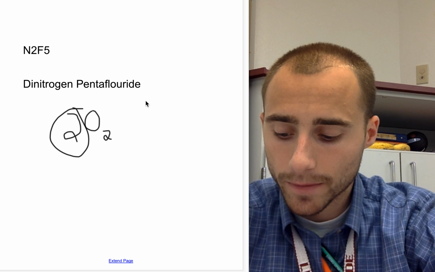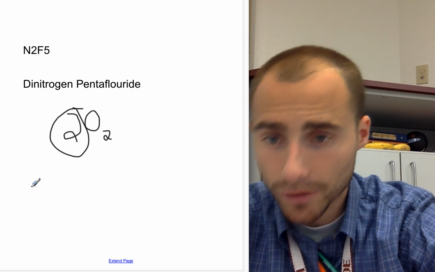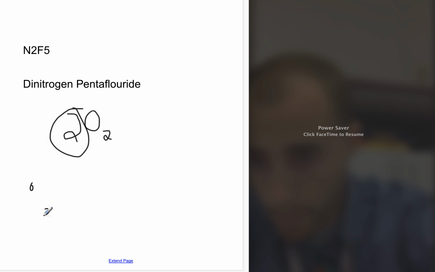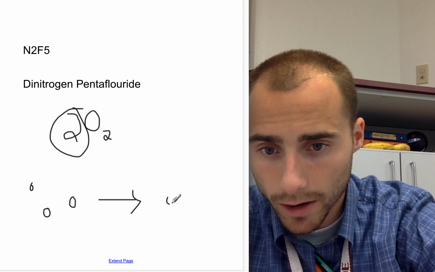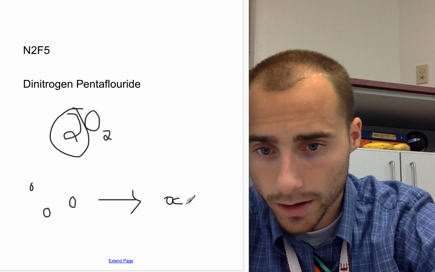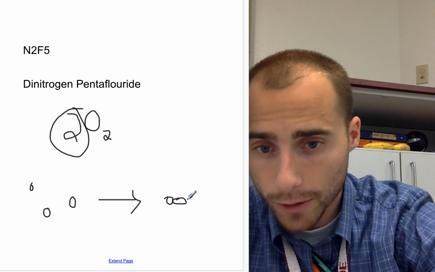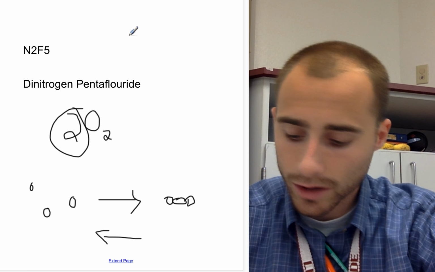So if you had three circles all separated on one side, then the producing sign, and on the other side all of the circles were combined, that would be synthesis, because they're all combining, right? If it was the opposite, going from all combined to all separated, that would be decomposition. So just remember that as you go.